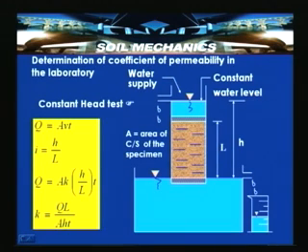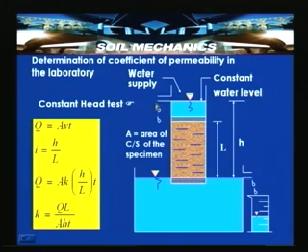One of the first methods for determining the permeability of relatively permeable soils, basically soils which are coarse grained in nature, is the constant head permeability test. The setup for this is explained in this slide. It shows a soil sample having a thickness L, surrounded by two porous stones, one placed above and one below, and a constant head water level is maintained as shown in this figure.